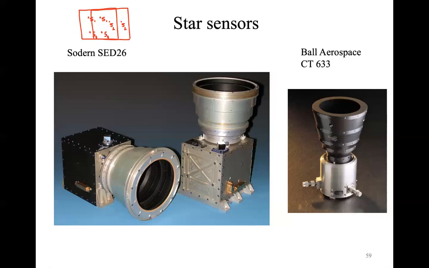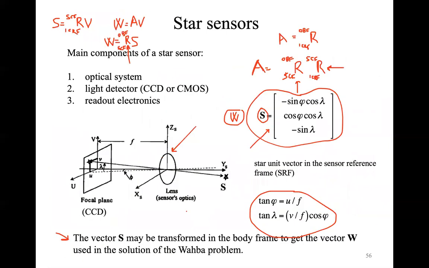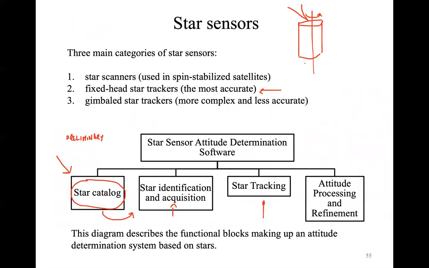In this case, what happens is a re-identification of one star, for example. So it is similar to what you had in the first two stages, where you need to load the catalog and do the star identification.